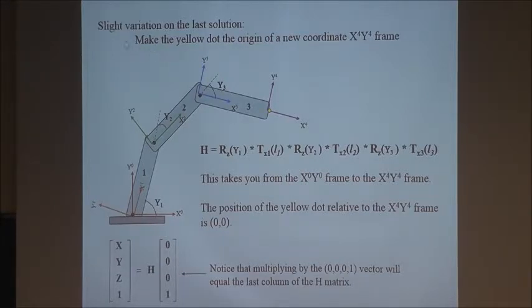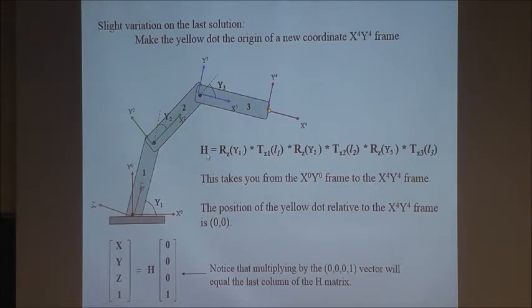So a slight variation of the last rotation makes the yellow dot the origin of a new coordinate system. So let's now make that dot the origin of the fourth coordinate system, which is right at the edge of Cartesian space.